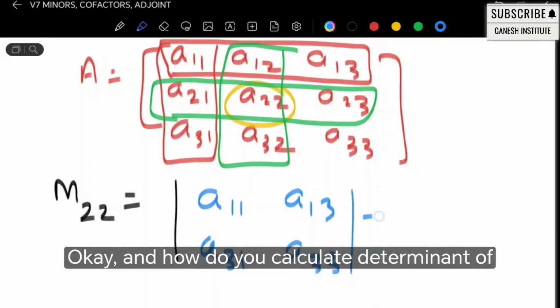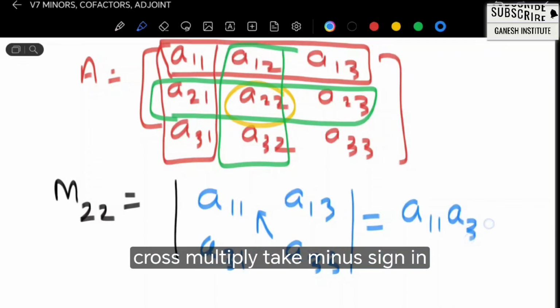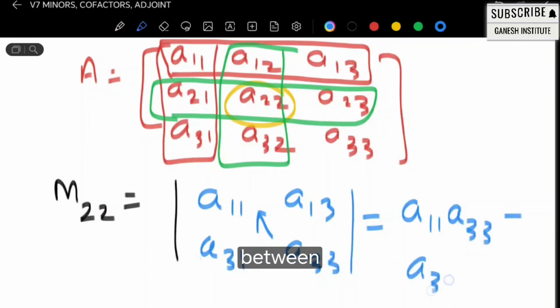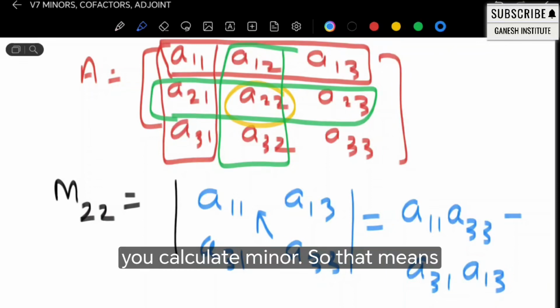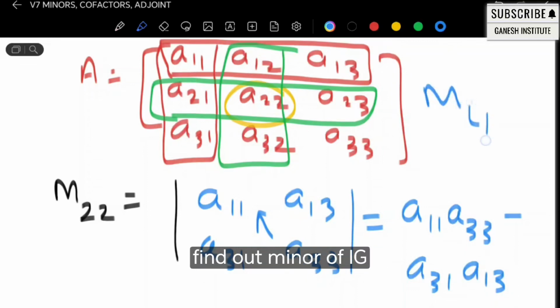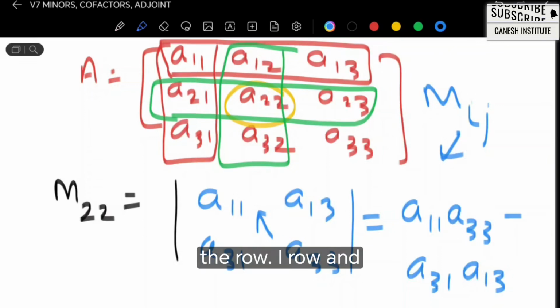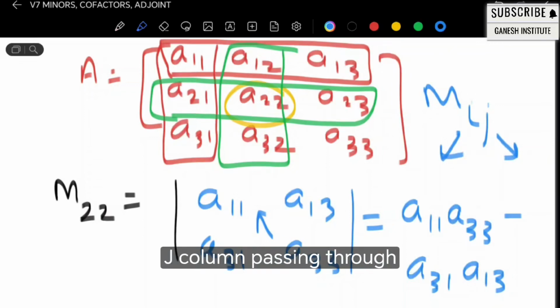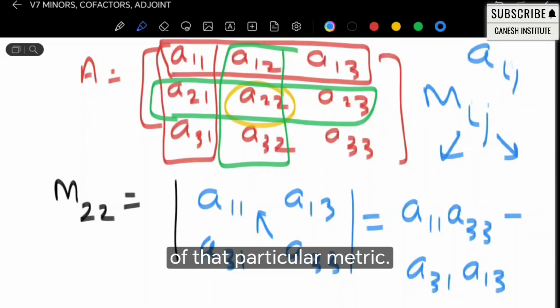Okay, and how do you calculate the determinant of 2 by 2 order? Just simply cross multiply, take a minus sign in between. Correct? So this is how you calculate minor. So that means if I need to find the minor of the ij element, you need to delete the ith row and jth column passing through that element aij of that particular matrix, and you will get the determinant.